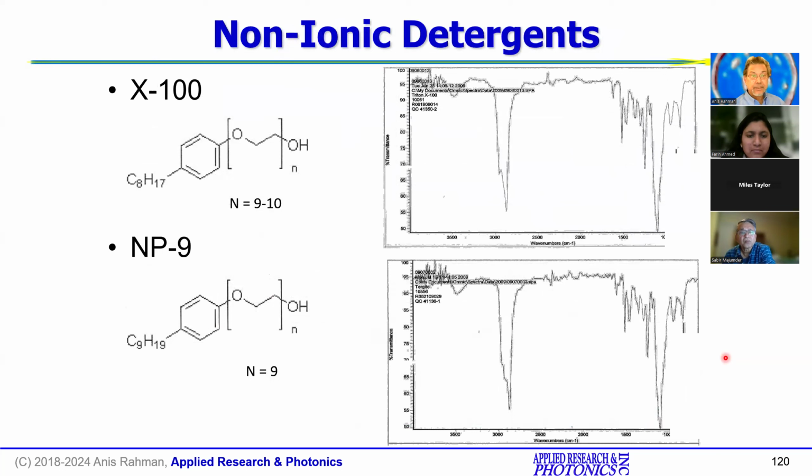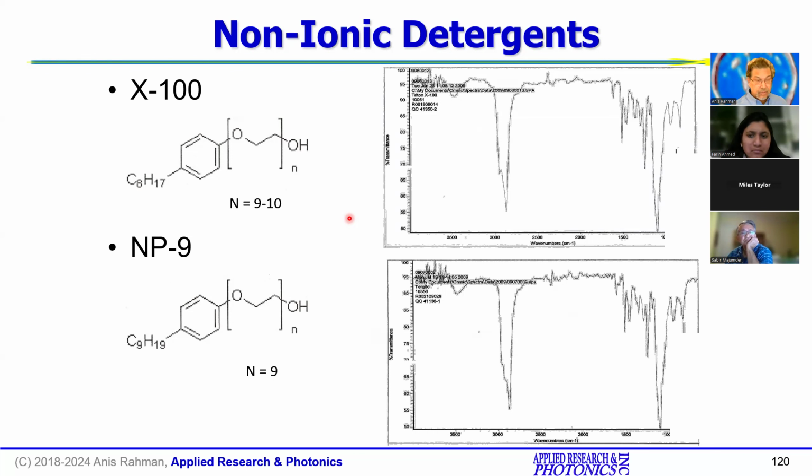Another example I'm bringing is non-ionic detergents. These are called tritol and triton. This one is triton and this one is tritol. These are the non-ionic detergents used in biopharmaceutical manufacturing, particularly for cancer vaccines, which has been the strong focus of the National Cancer Institute, along with a company called Leidos Biomedical.